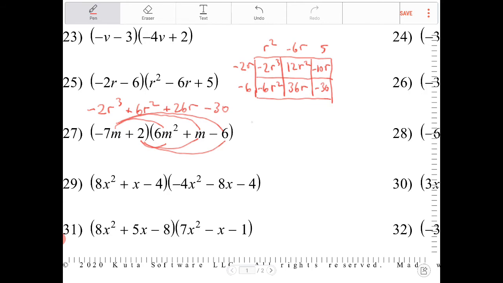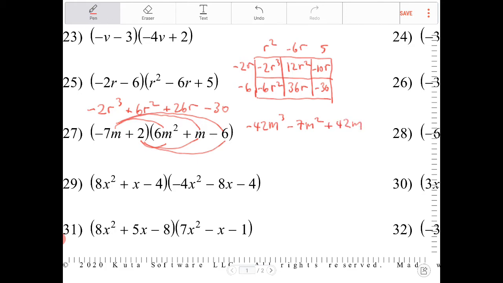So I'll end up with negative 42 m squared, and then I'm going to have minus 7, I'm sorry, not m squared, m to the third, minus 7m squared, and plus 42m.